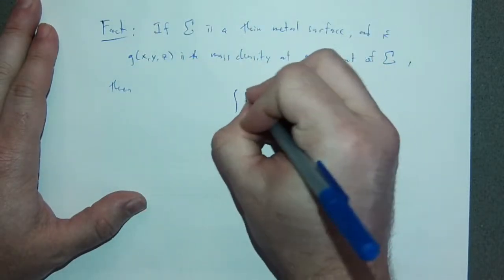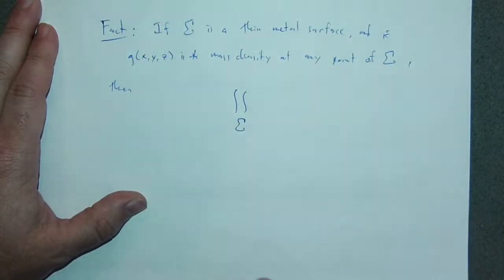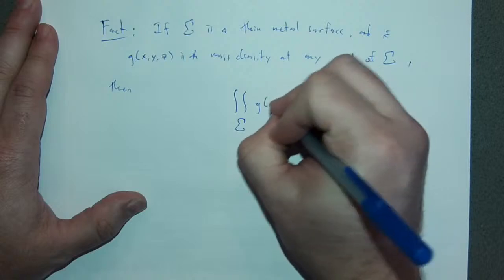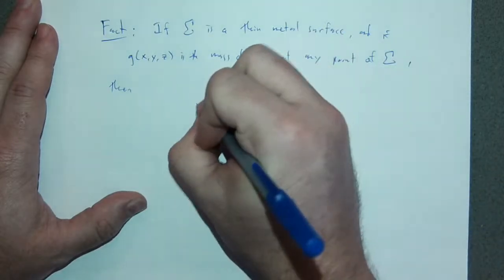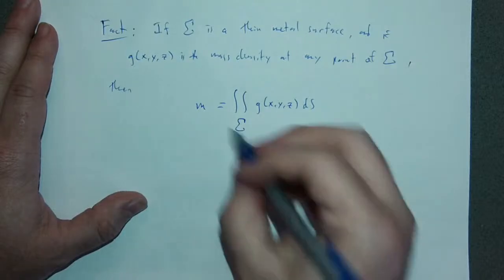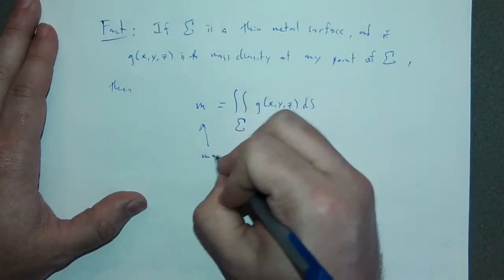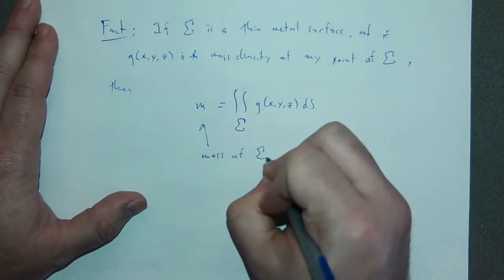the surface integral over sigma of the mass density function is the mass of the surface. So this is mass of sigma.